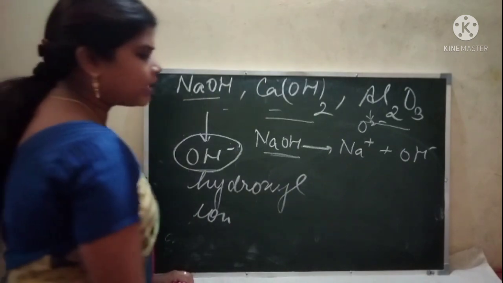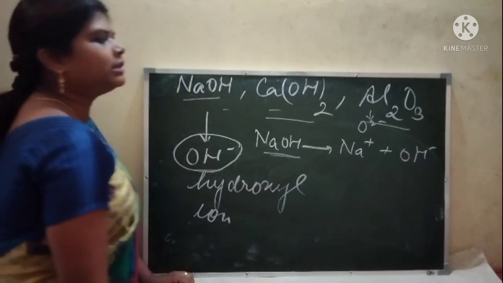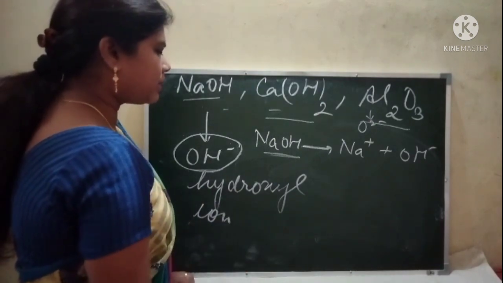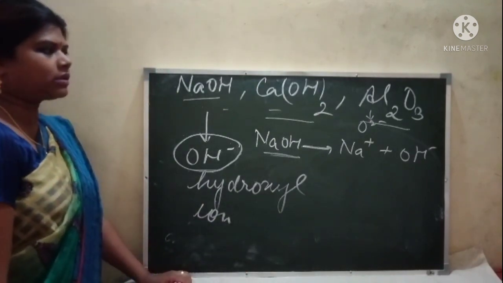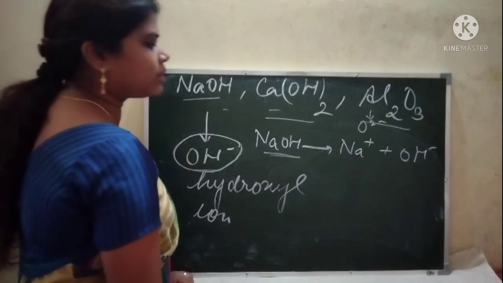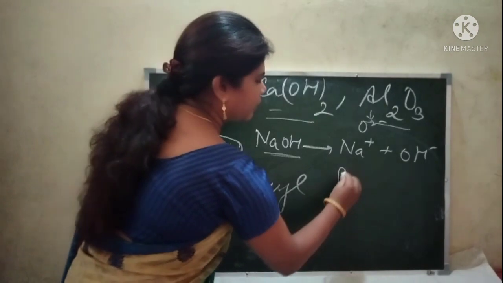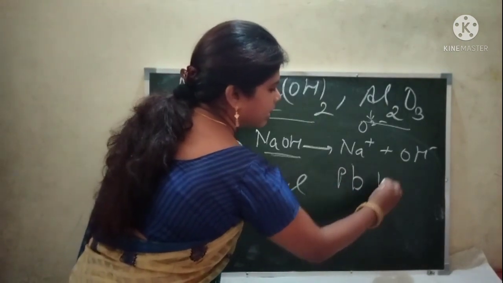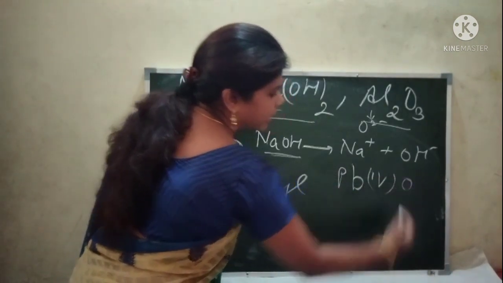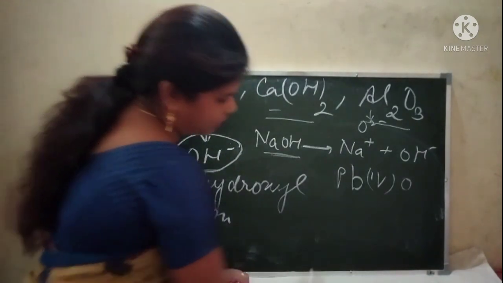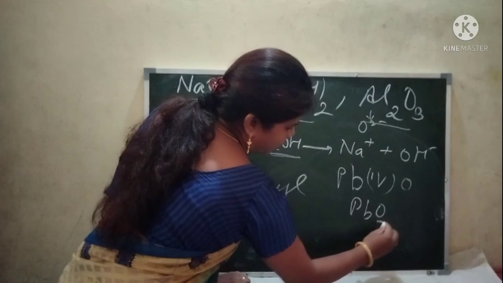So that means metal oxides are bases, but all metal oxides are not bases. For example, take lead(IV) oxide, PbO2.